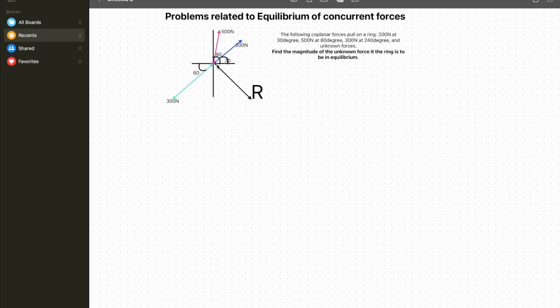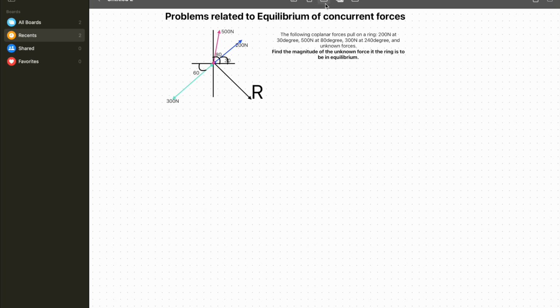If we are assuming a resultant here, the resultant we are assuming is the integration of the rest of the forces and their vectors.